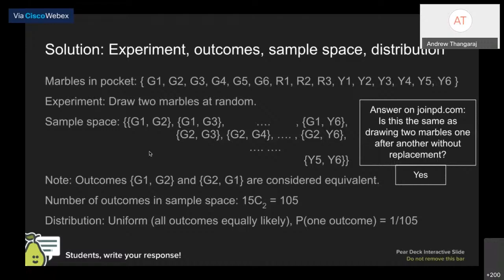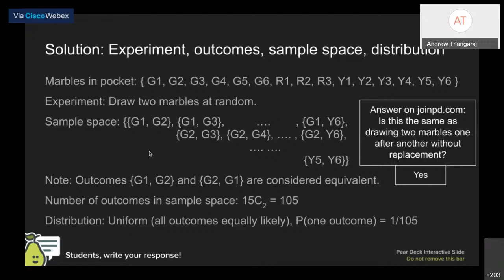You have to separate them and think of them in this way to get the count right, otherwise this will simply not work. So this is the total number of outcomes in the sample space. The distribution we take is that all these outcomes are uniform, equally likely.